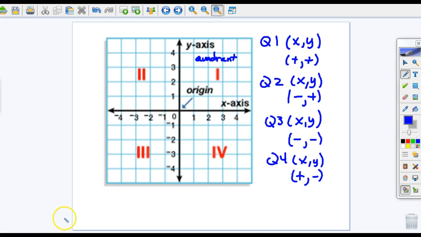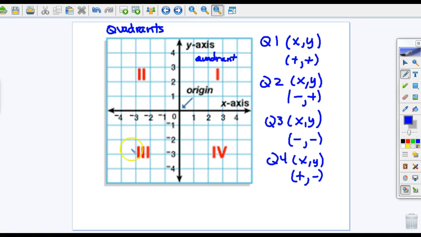Make sense? So this is very important for you to copy down about our quadrants. They are always numbered as such, so don't start 1, 2.